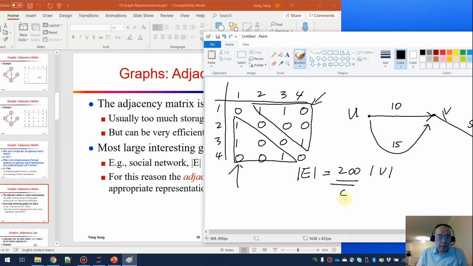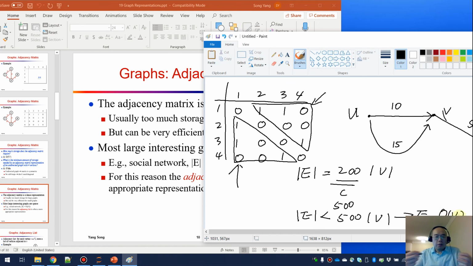If we pick a higher number, say 500, then we can say E is always smaller than 500 V. So we can say E is O(V).